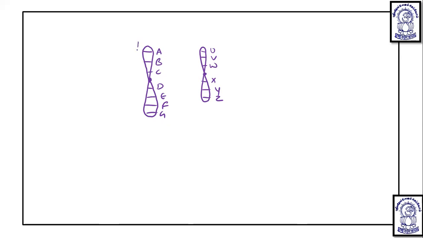In this, suppose A and B get deleted and are transferred to this chromosome. And here, U and V get deleted and are transferred here. So this is the mutual exchange. In this chromosome, A and B get deleted, but U and V are added.